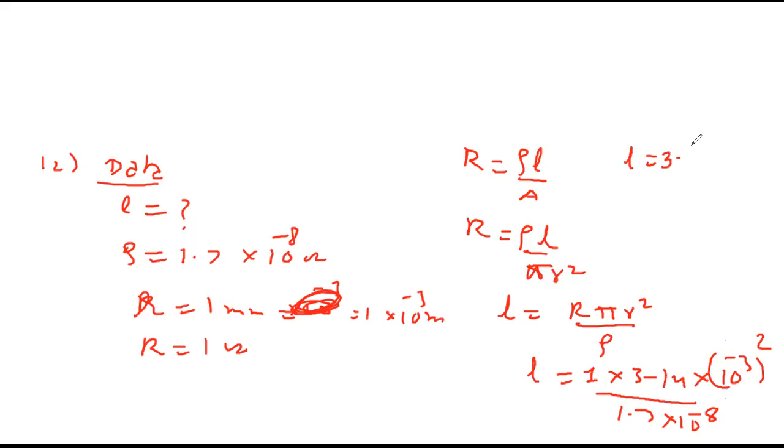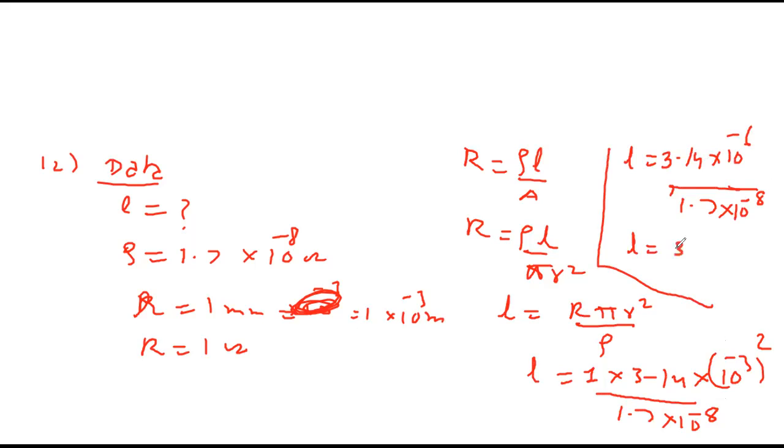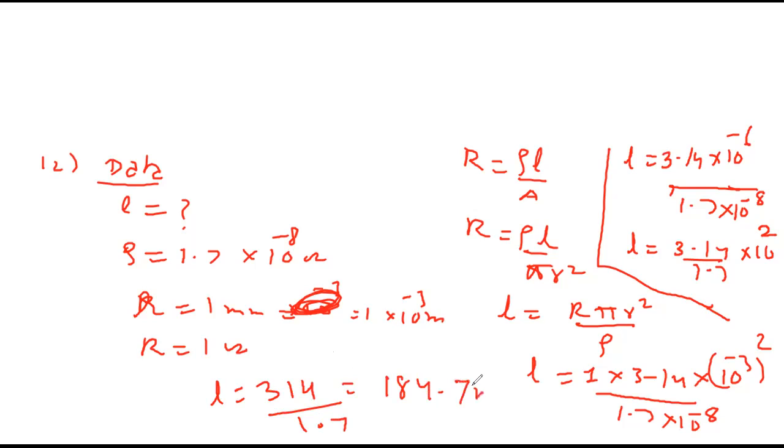So length is 3.14 into 10 raised to minus 6 upon 1.7 into 10 raised to minus 8. Therefore, length will become 3.14 upon 1.7 into 10 raised to 2, that is nothing but L equals 314 upon 1.7. Then you divide in rough and get the answer. It is coming 184.7 meter. Just try in rough whether it is coming same or not.